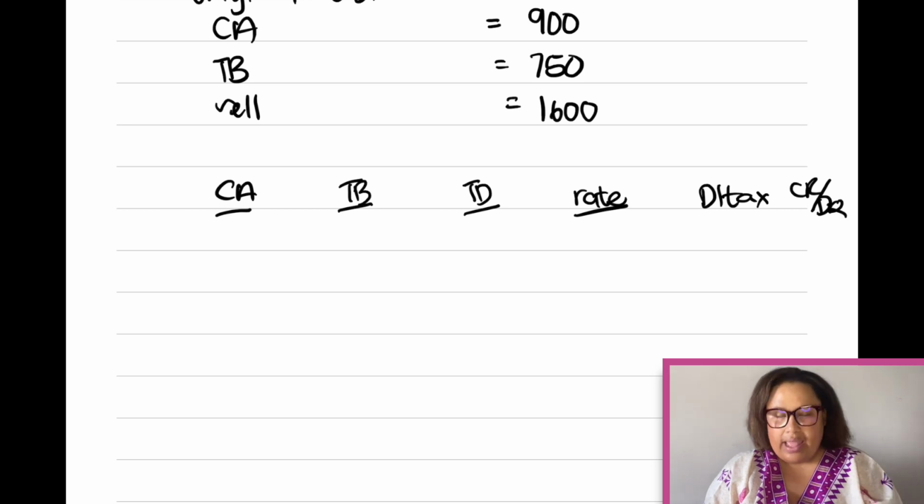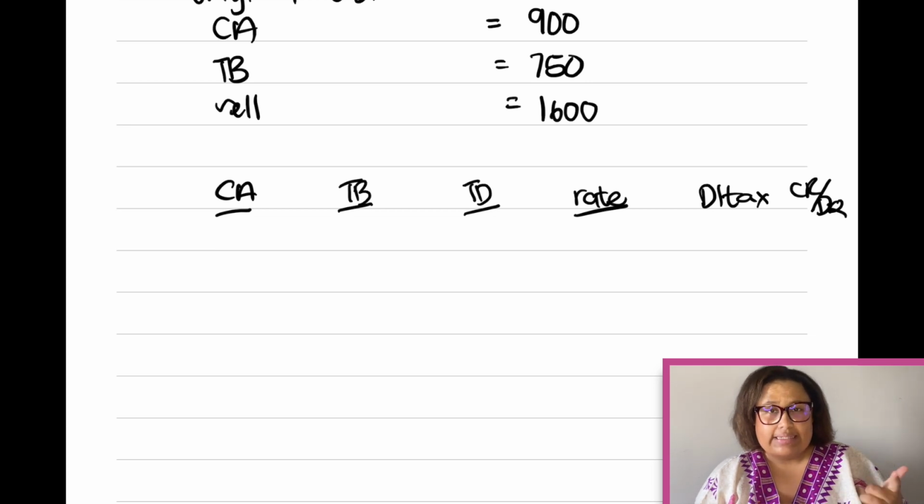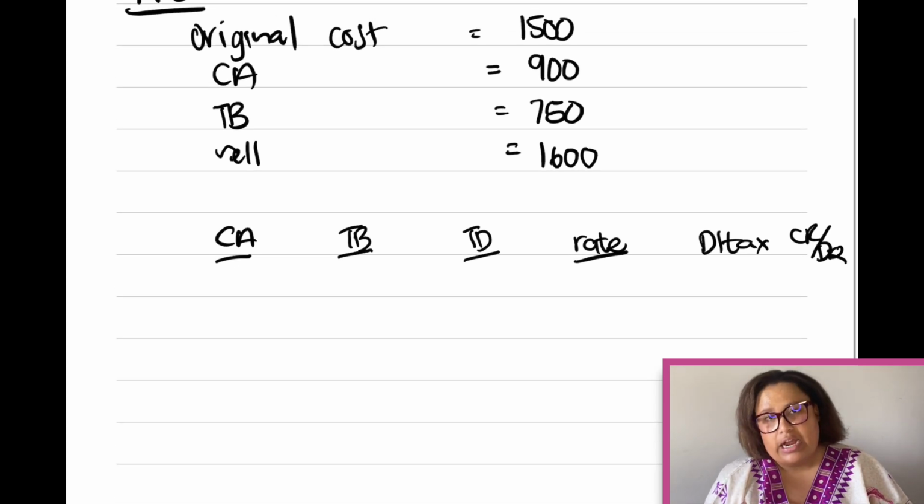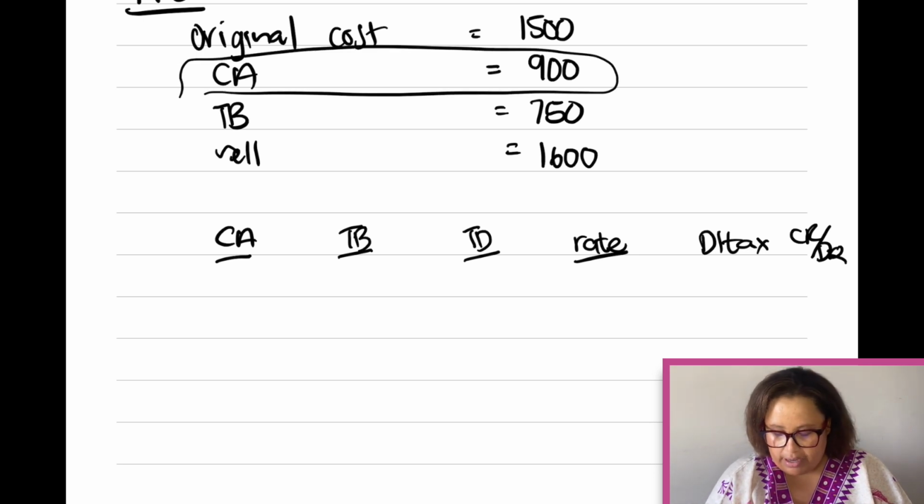Okay, so when we're calculating deferred tax, remember that deferred tax is calculated on all the assets and the liabilities that are currently sitting on the statement of financial position. So the question here is, at what amount is this asset currently sitting on the statement of financial position before we even make the sale? We know that the carrying amount is 900 because it's been given to us.